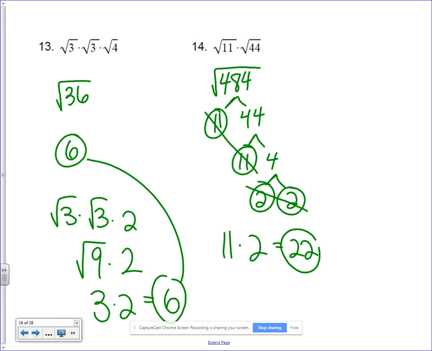So what does that mean? There's no radical. It's a perfect square, isn't it? What's the square root of 484?